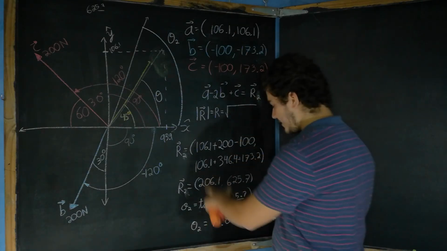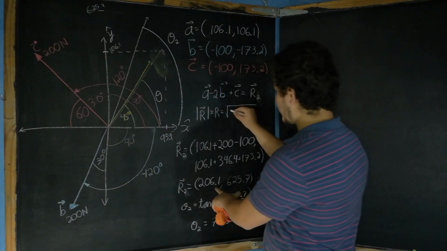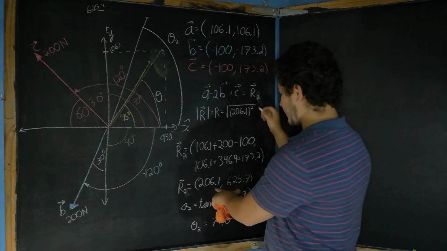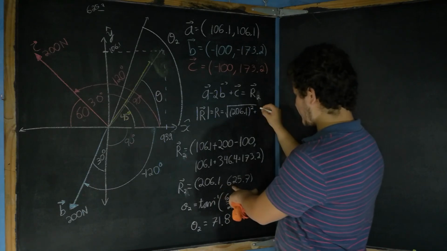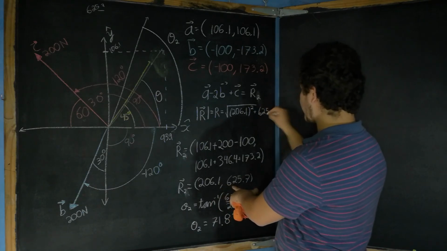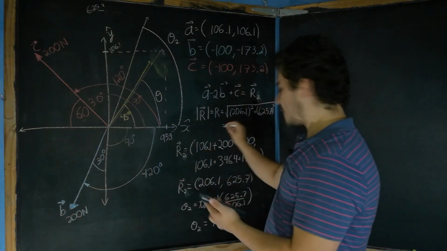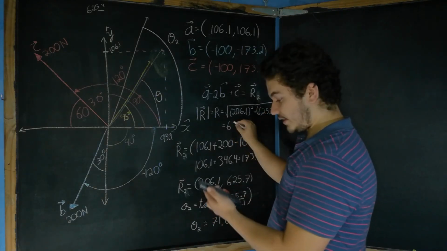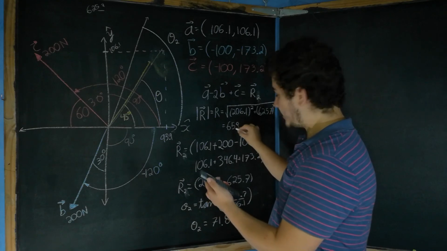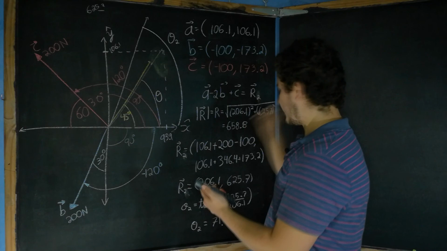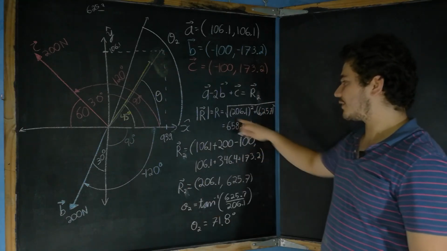In this case, we have 206.1 squared plus 625.7 squared as well. And this will give us a magnitude of 658.8. This is the magnitude of the resultant vector.